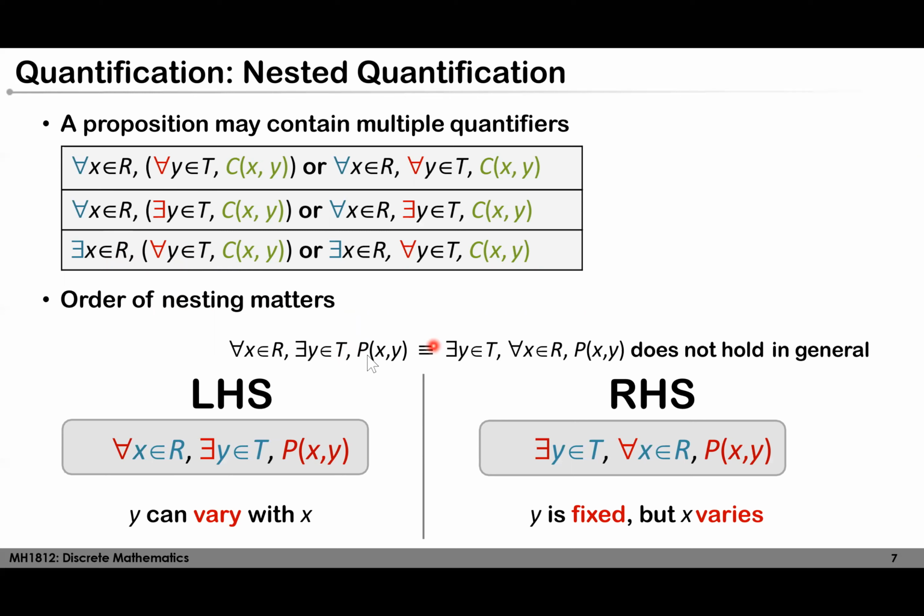So in general, this left-hand side statement is not equivalent to this right-hand side, because in the left-hand side, we know this y can vary with this x, and in the right-hand side, this y is fixed, but x is varied.